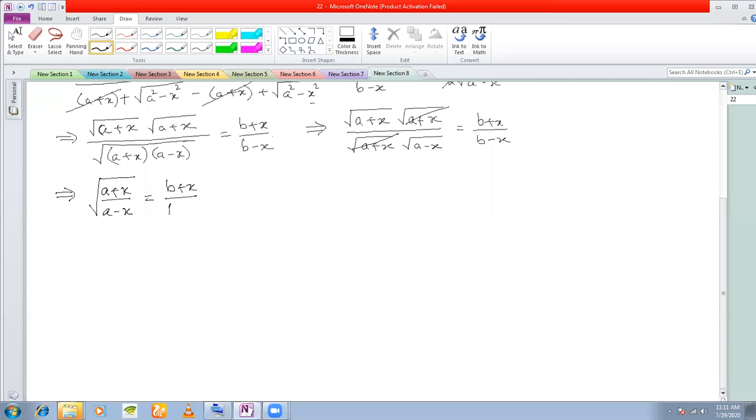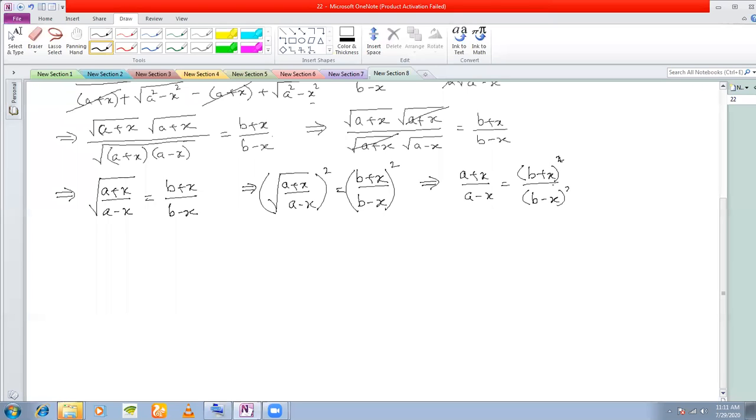Now I'll square both sides. Now what I'll do is I'll again apply componendo and dividendo because I see I have a plus x, a minus x, and here I have b plus x whole square, b minus x whole square.